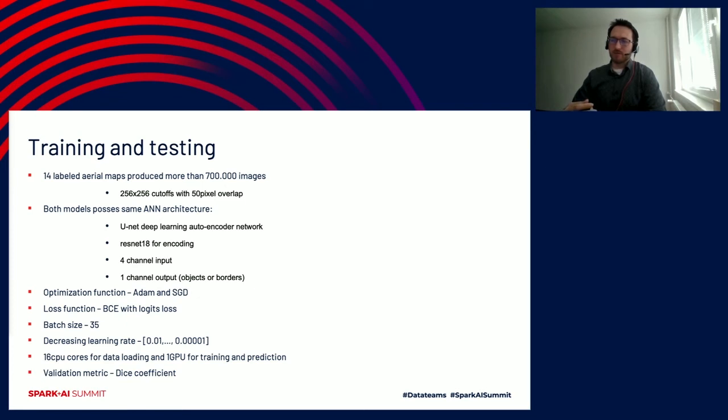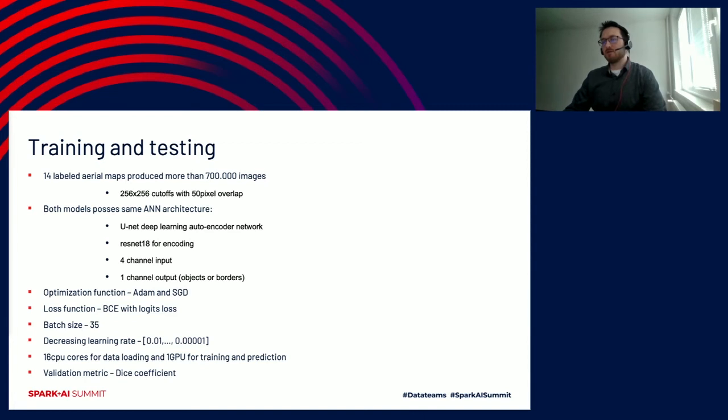This number was adjusted to be as large as possible, because in these image processing cases a higher batch size improves convergence, but if you make it too big, you can overflow the memory. So 35 was about right.